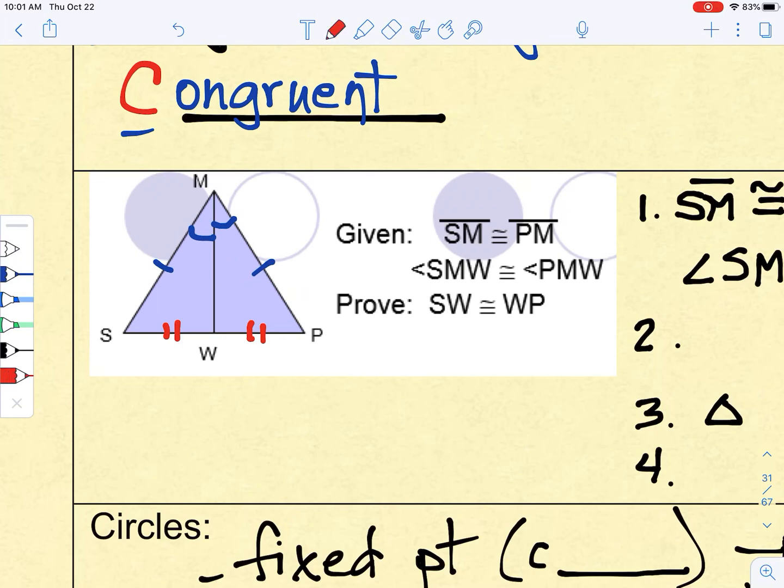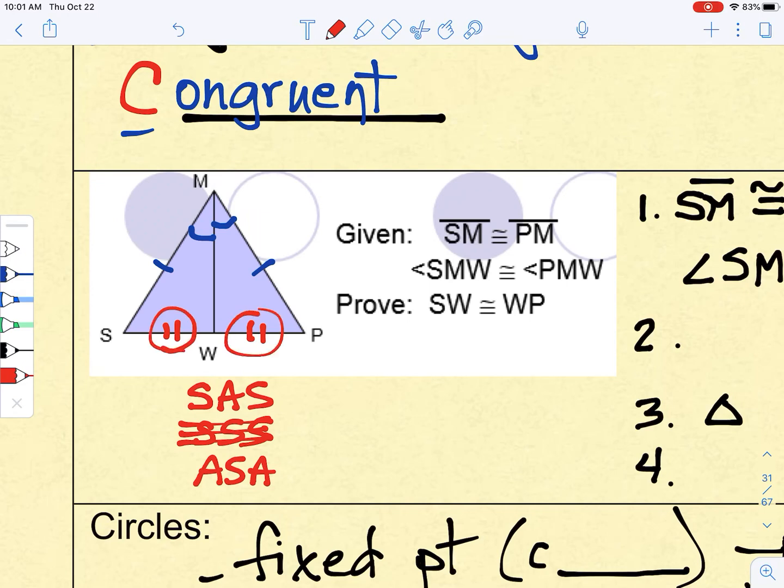Well, that was the lesson, the last lesson, and we have these acronyms, SAS, SSS, and ASA. And the trick is to figure out which one of those is going to be useful here, right? Hopefully you can see that side, side, side is not going to be useful to show the triangles. Number 1, they give us an angle.